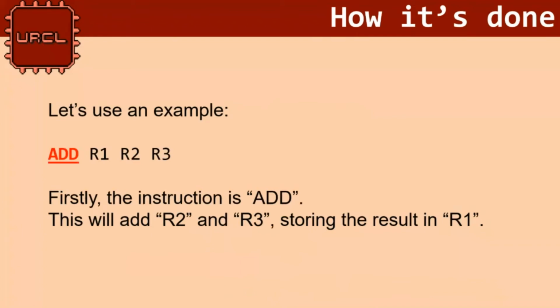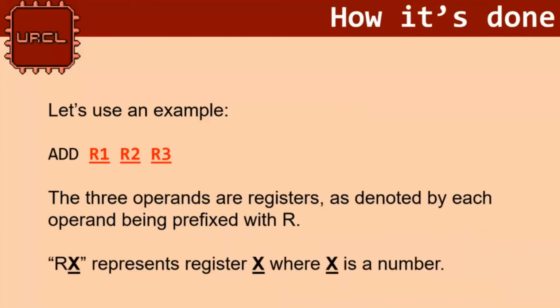And the definition of add in URCL is it will add R2 and R3, storing the result in R1. The operands, each one is prefixed with the letter R, which means it's a register. Now, there isn't a fixed limit on the number of registers, but generally computers only have a handful, so it's best not to go overboard.